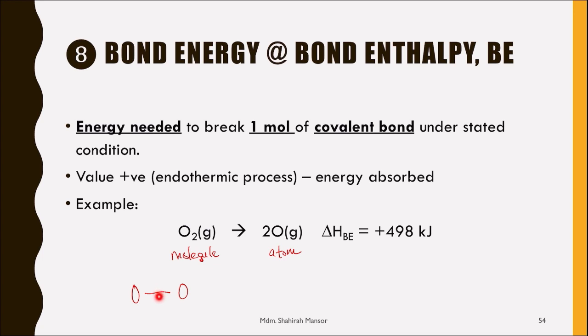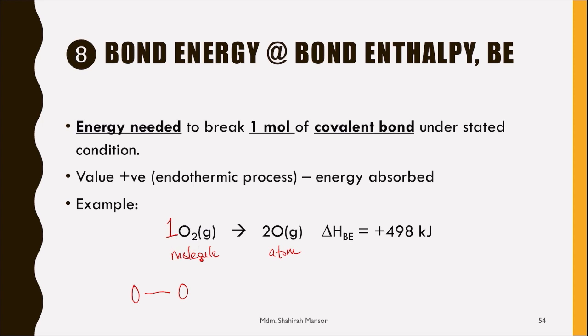According to bond enthalpy or bond energy, it is the energy needed to break 1 mole of covalent bond. Since we have the covalent bond in this reactant molecule, the 1 mole must be referred to the reactant. So when you write the thermochemical equation later on, make sure you fix the 1 mole on the reactant part, which is the molecule.